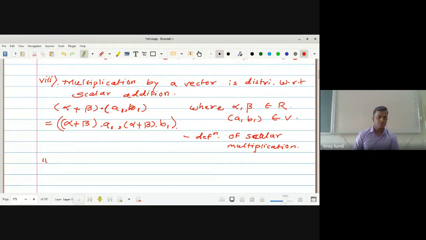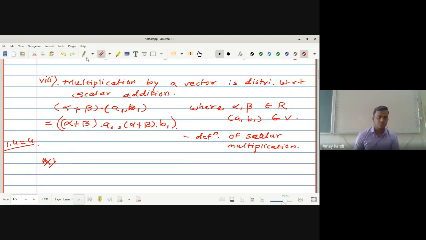Now the ninth one. In the third lecture, we saw that 1 into u is equal to u. Here the multiplicative identity is 1.